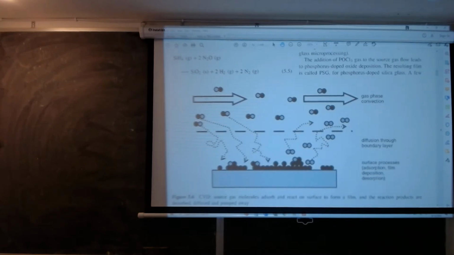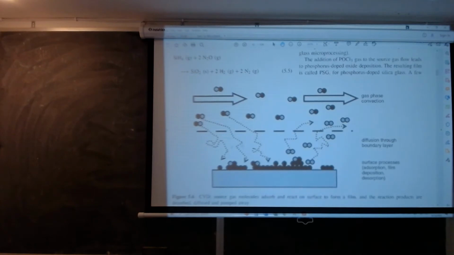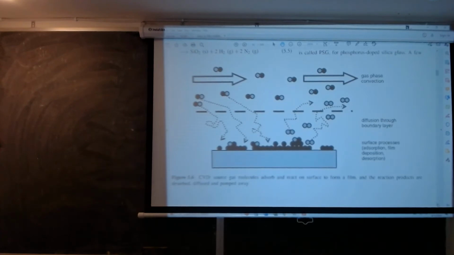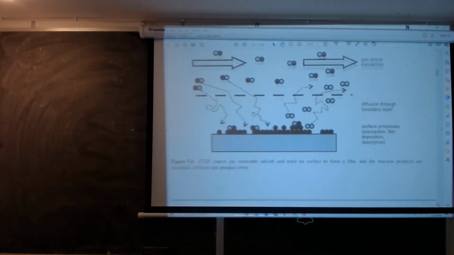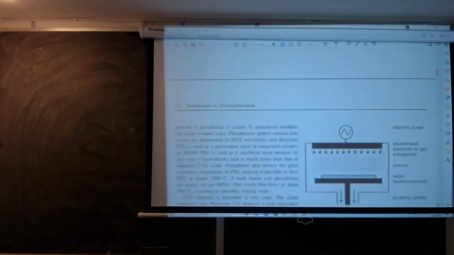You have flowing gas consisting of molecular constituents, and the plasma causes them to undergo a dissociation and a reaction on the surface, so that you can deposit some film. And it's called chemical vapor deposition because it is a chemical reaction that's taking place on the surface, not just a physical hitting of the surface.